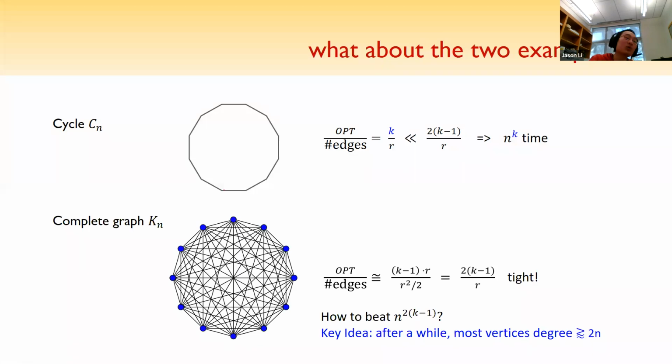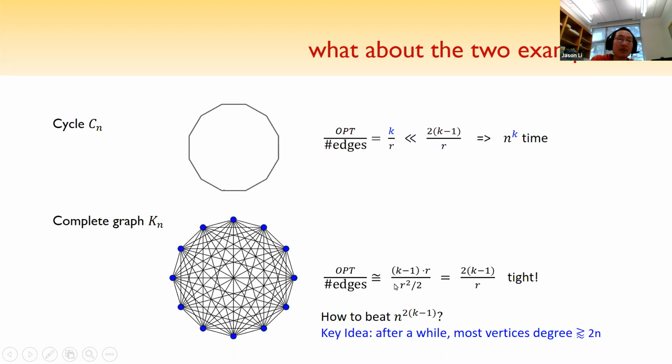Okay. But what about for the complete graph? Well, in this case, opt is roughly k-1 times r for the clique on r vertices, because we just take k-1 singletons, and each singleton cuts roughly r edges. We're ignoring the double counting for now.